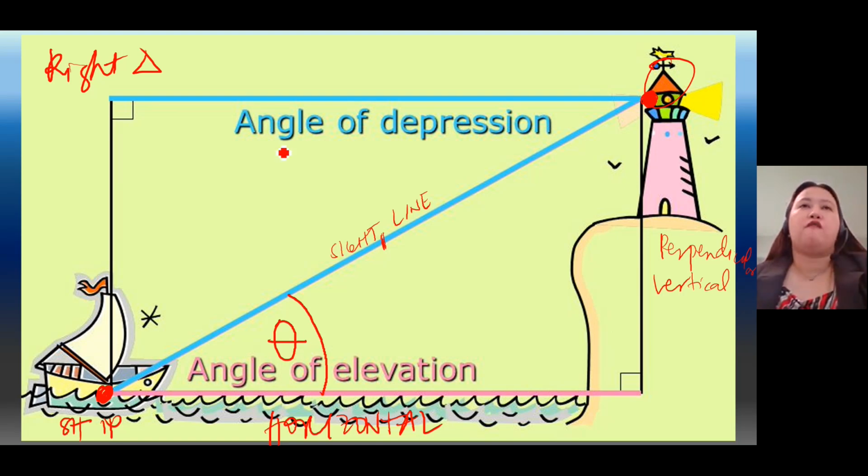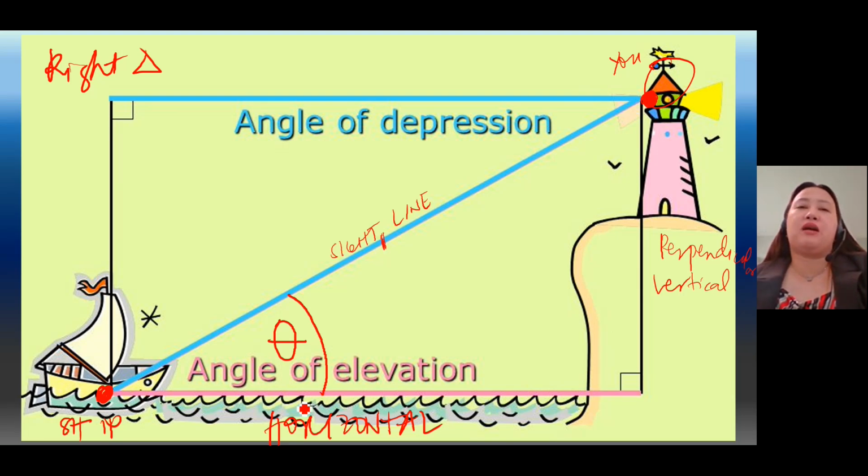That's it. For the angle of depression, say that you are on the top of the lighthouse, and you can see a ship. If that is the case, we also have the sight line, or the line of sight.